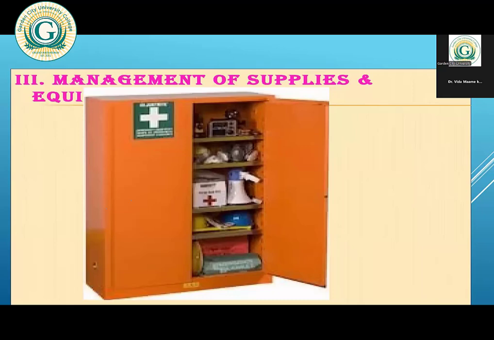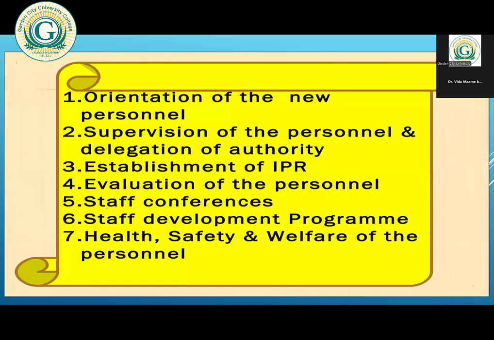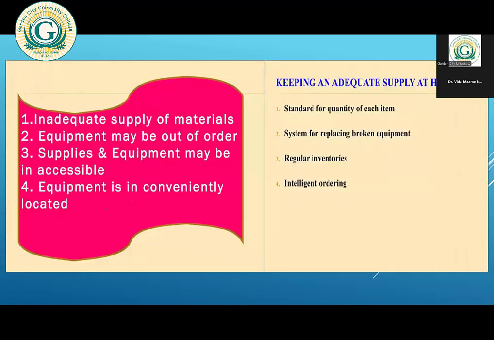So these are the supplies that we are supposed to engage with: keeping an adequate supply at hand, standard for quantity of each item, system for replacing broken equipment, regular inventories, and intelligent ordering.